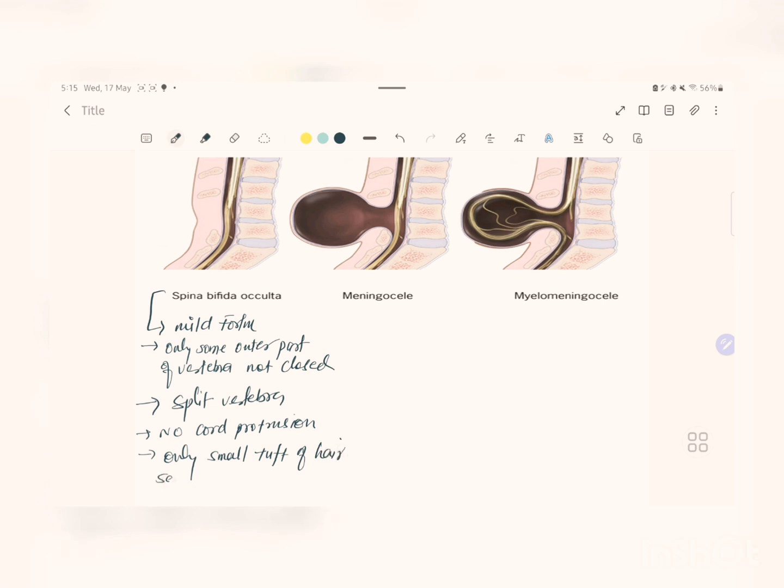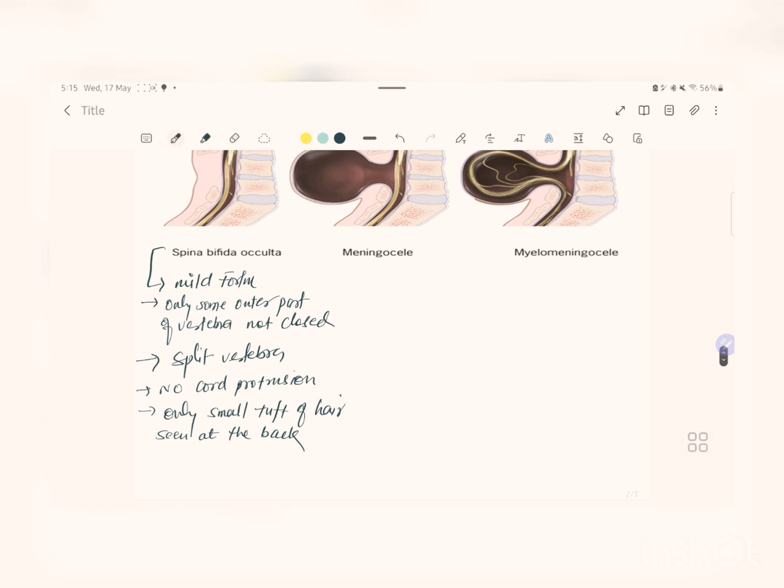Only the outer part of the vertebra is not closed, there is no protrusion of the cord, and externally only a tuft of hair is seen on the back. These are the features of spina bifida occulta.